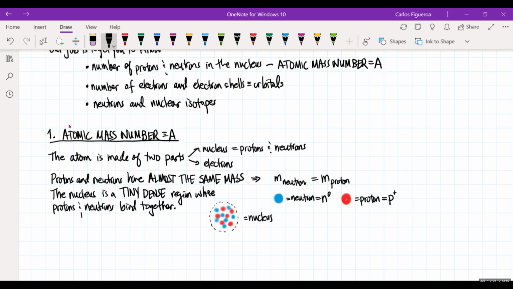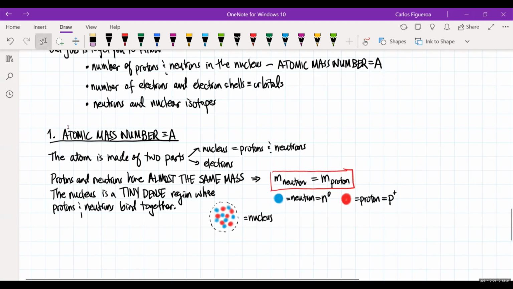Just like the planetary model is a bad model, this is a bad model for the nucleus here. But for right now, all we know is that we got a tiny dense region where these protons and neutrons bind together.